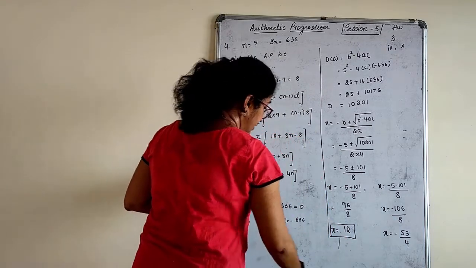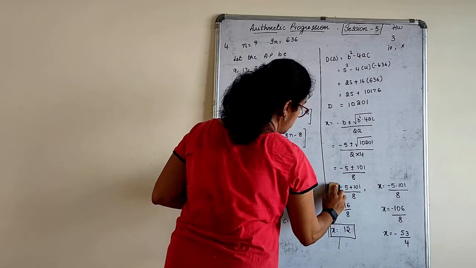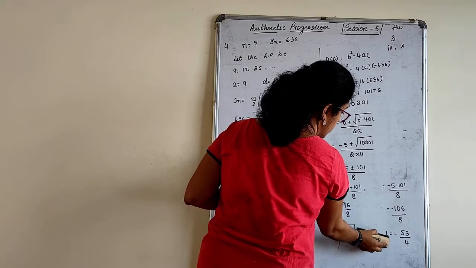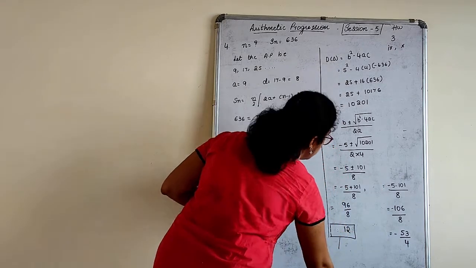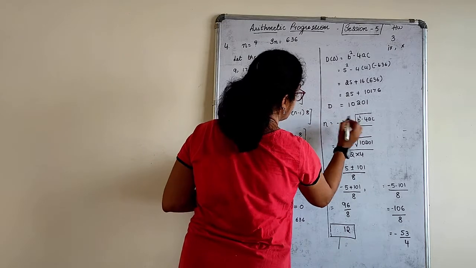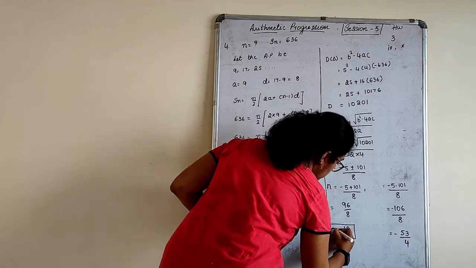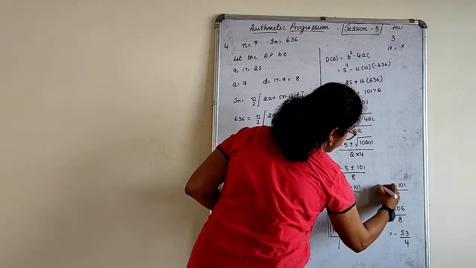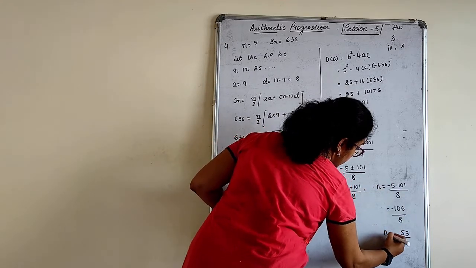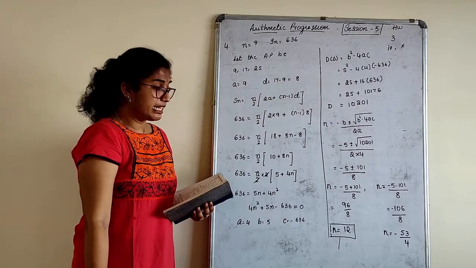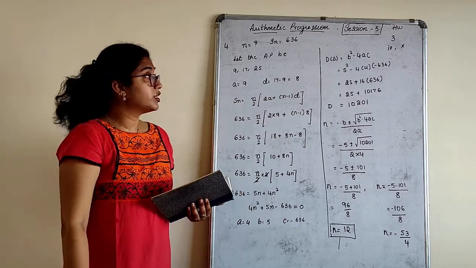This should be n only, not x, because the quadratic equation is in the form of n. So n is equal to 12. Since n cannot be a fraction or a negative number, n is equal to 12.